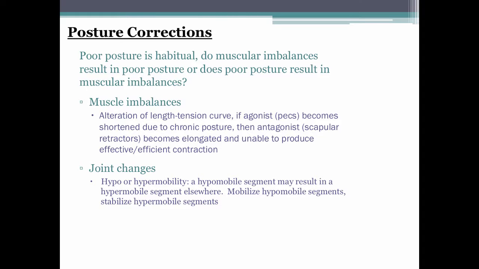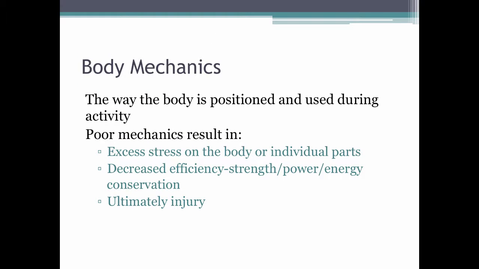So what we've got to do with those folks is mobilize them in the hypomobile sections. We want to mobilize their thoracic spine, but stabilize their hypermobile segments in their lumbar spine. It's important that we do both. If we only do one and miss the other, then we're not going to have very effective rehabilitation.